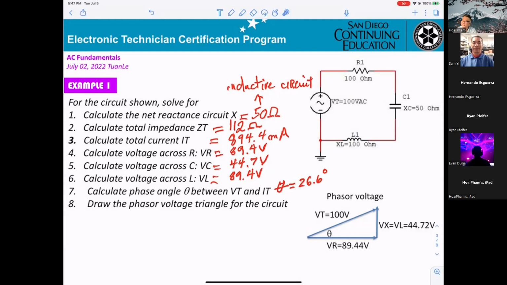Okay, now make sure you know how to draw the phasor, whether admittance or impedance.